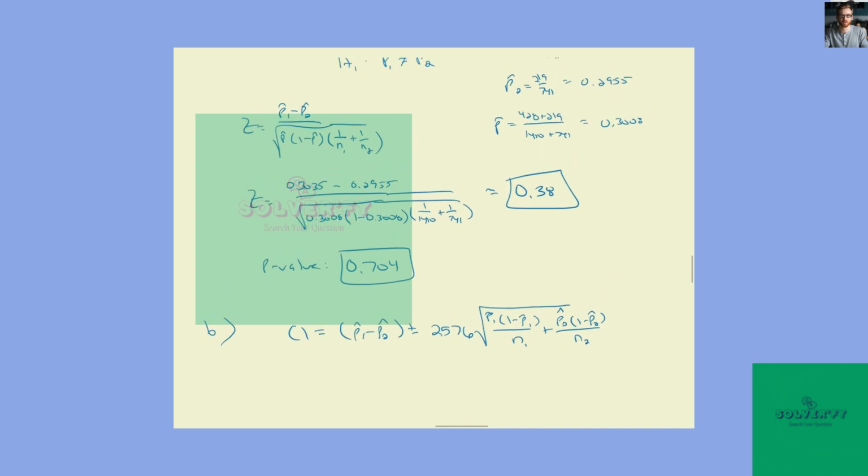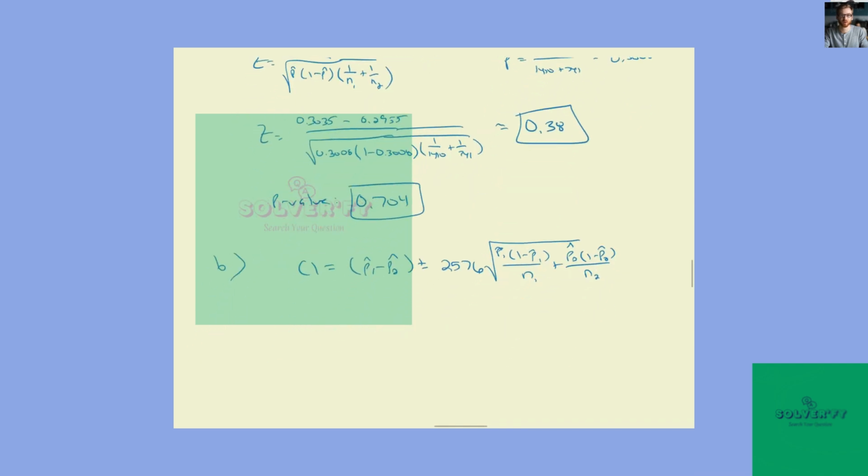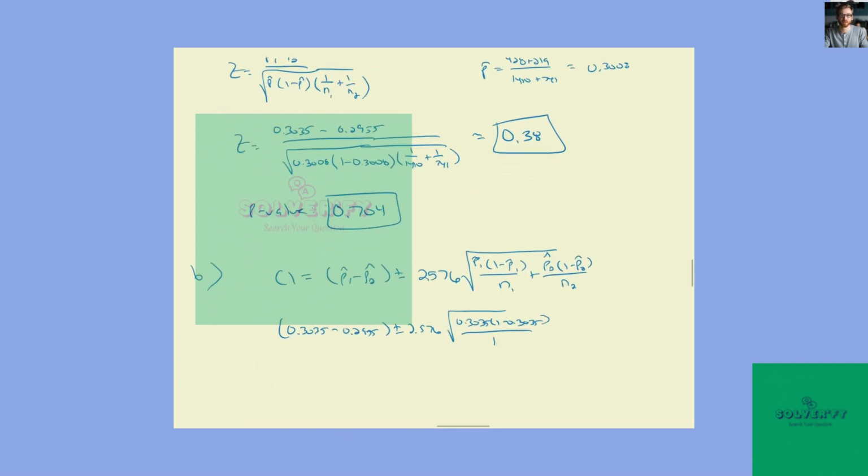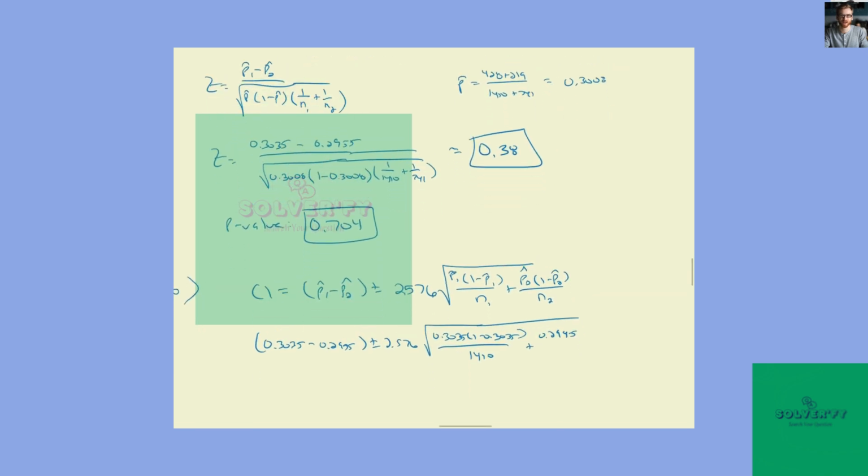So that is 0.3035 minus 0.2955 plus or minus 2.576 times the square root of 0.3035 times 1 minus 0.3035 over 1410 plus 0.2955 times 1 minus 0.2955 over 741.